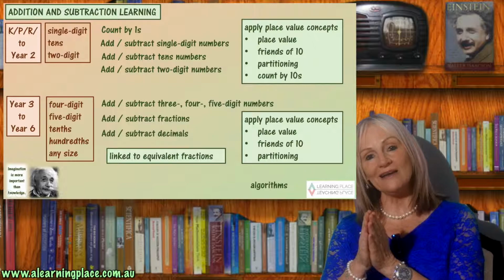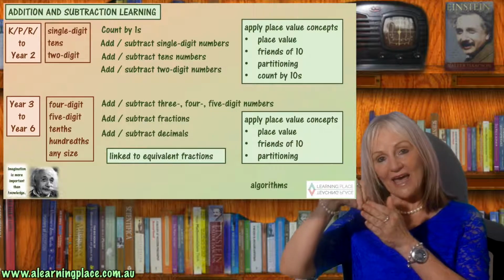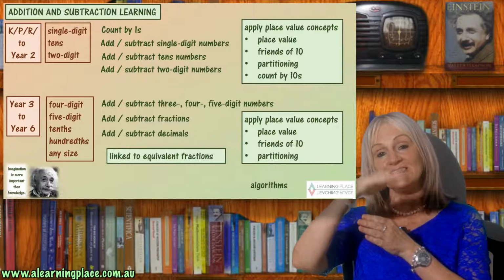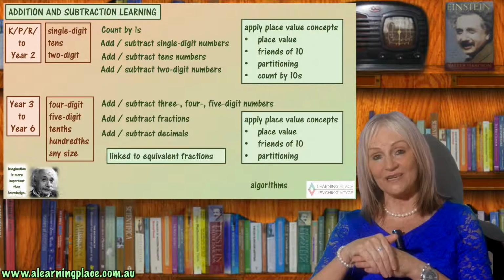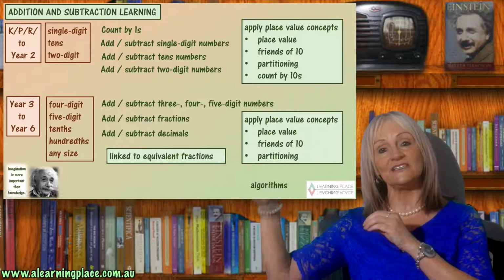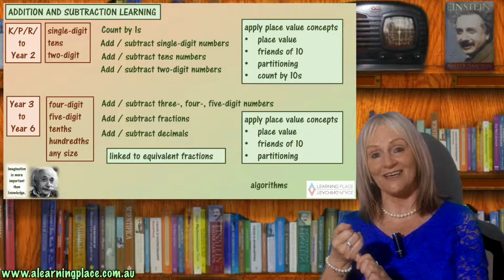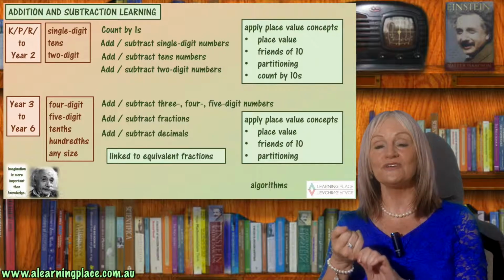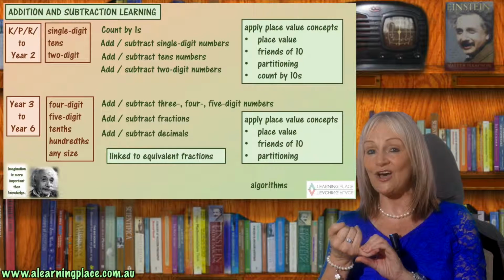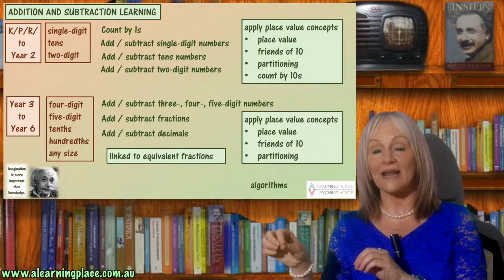Children in year 1 will then investigate adding single digit numbers to get over 20, subtracting single digit numbers to get back over 20, adding single digit numbers to get over any decade, and subtracting to get back over any decade. So by the end of year 1, children are adding single digit numbers and subtracting single digit numbers over any decade using place value.